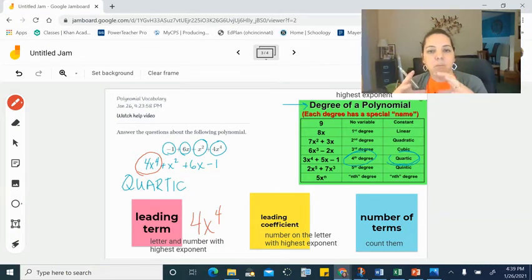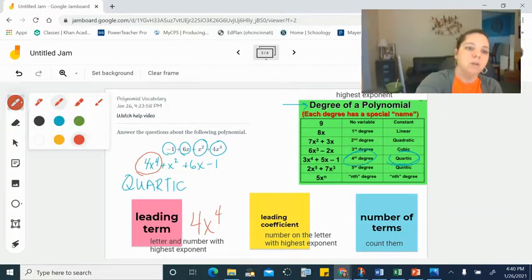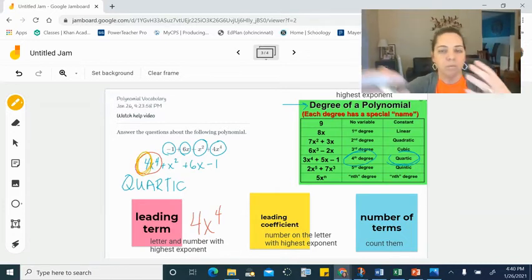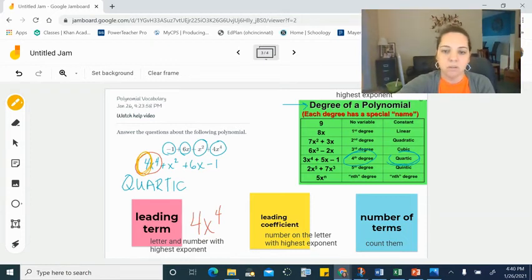That's our leading variable, and the leading term is the whole thing with the number out front, the coefficient out front, so 4x to the 4th. Now, the leading coefficient is just the number, not the whole thing with the letter and the exponent. So the leading coefficient here would just be 4.